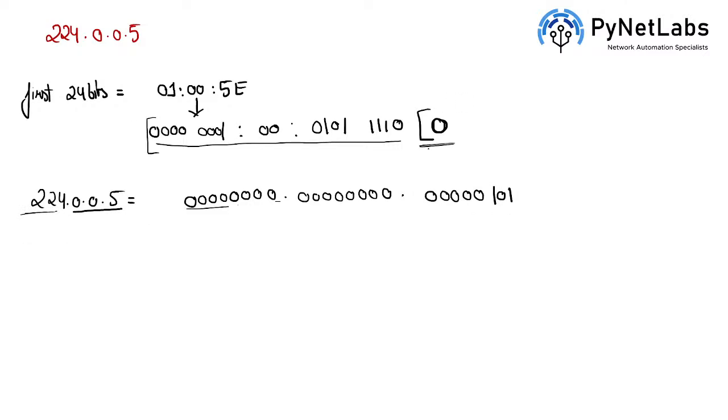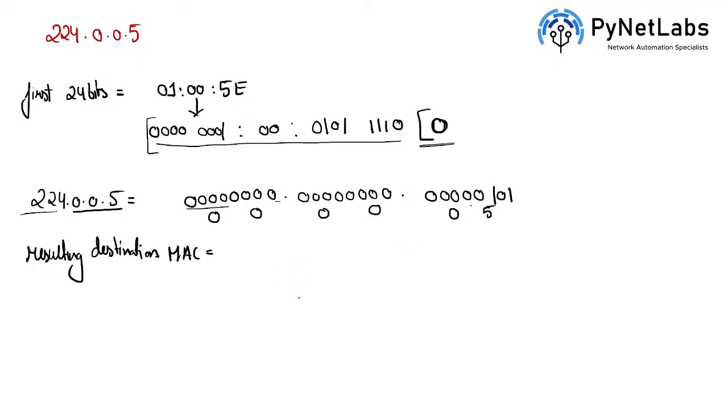So now the resulting destination MAC address will be like this. We have converted all these values to 0, 0, 0, 0, and lastly we have 0, and for these 4 bits we have 5.